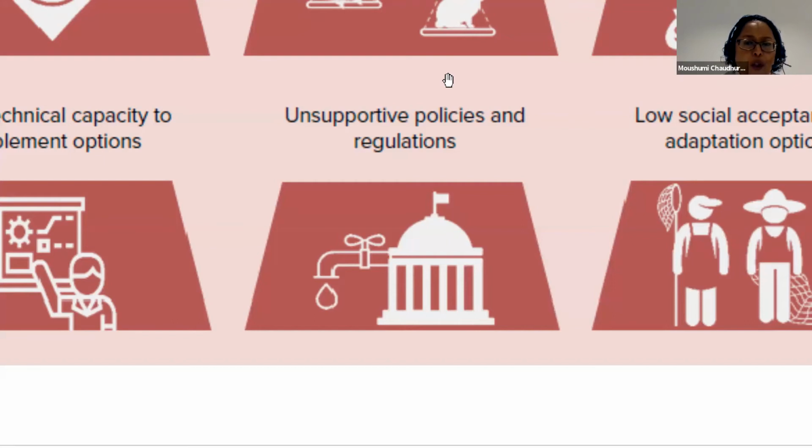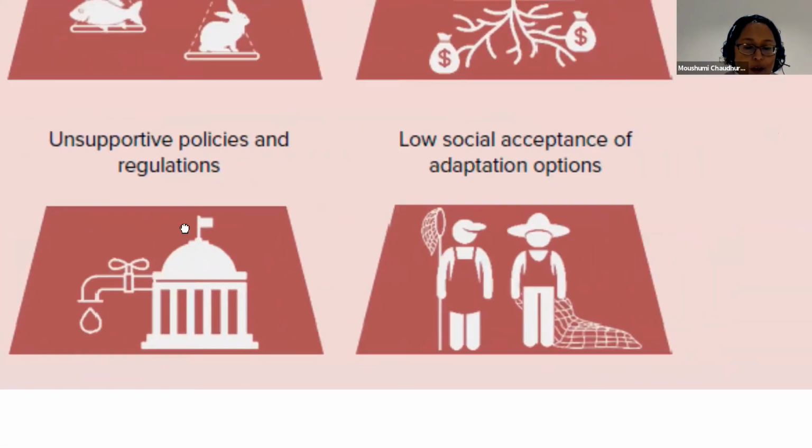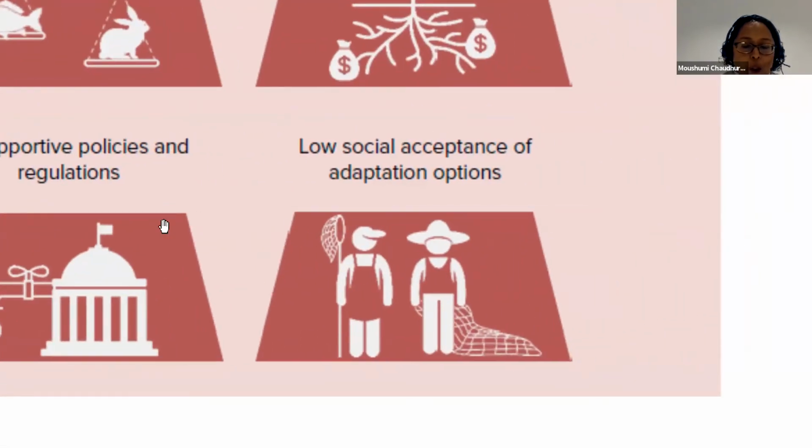And of course, we also should look at the social acceptance of adaptation options. This is the last barrier, because depending on culture, there may be certain adaptation options that are perceived to be less suitable, because men and women have different types of perceptions of risk.